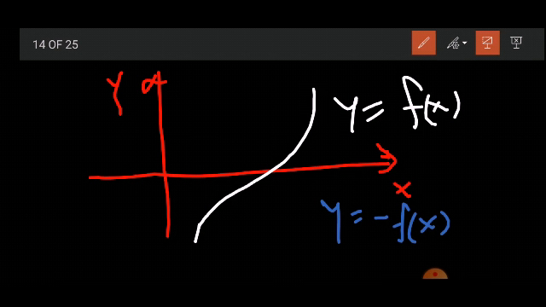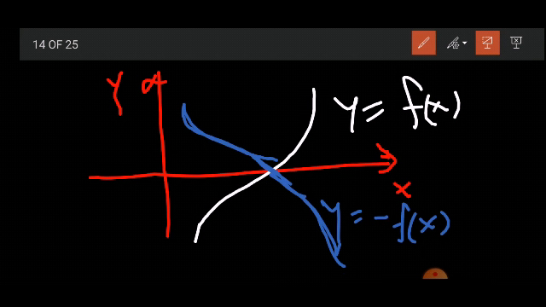So the positive part of the image is like this way, and the negative part of the image is like this way. If you join this blue part, then the blue part is the graph of y equal to minus f(x).